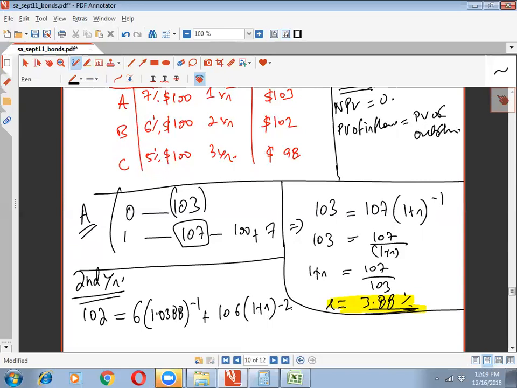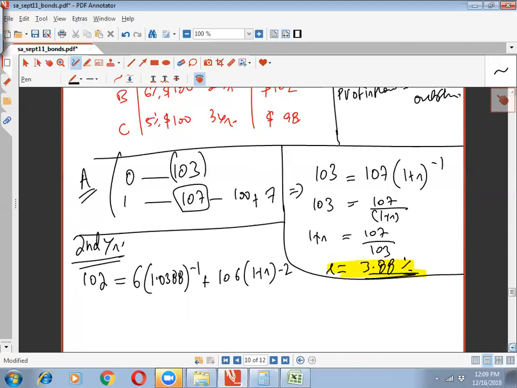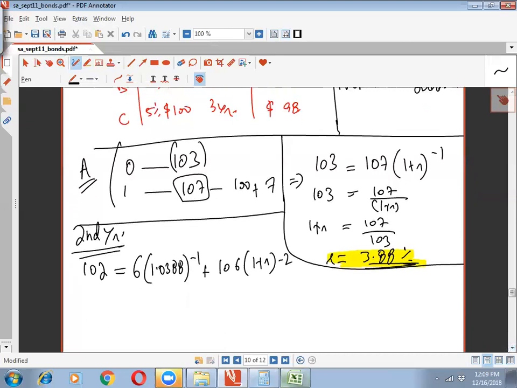Because we do know the first year yield curve, we are going to discount the first year interest with the first year yield curve, and the second year yield curve is unknown. 3.88% is the first year yield curve that we have estimated. So for every subsequent calculation, we'll use 3.88% for the first year yield curve. Now let's see.